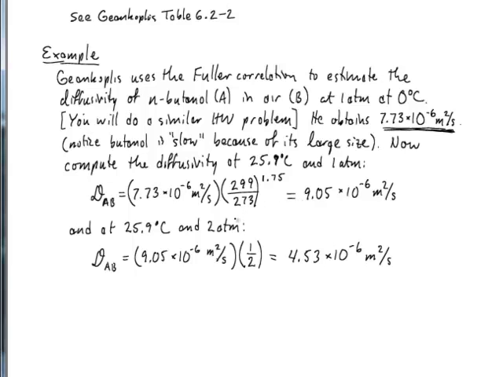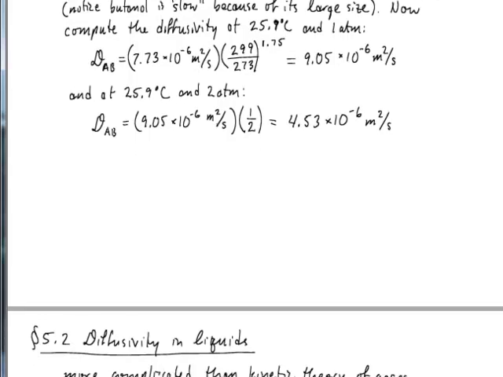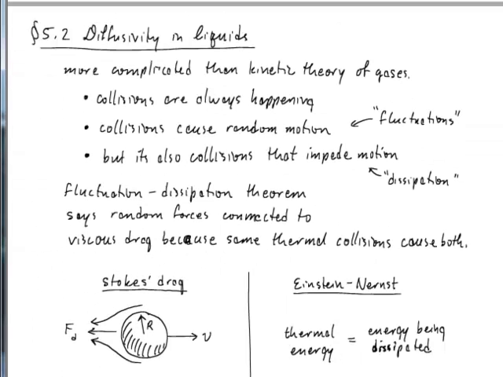And if you were to want to double the pressure, say, and ask what will that do to the diffusivity, well, it will cut it in half, right? You get that by looking at the dependence of the diffusivity on the pressure, and that just cuts the diffusivity in half from this previous result that we computed. So these scaling rules are quite useful, and these correlations are quite powerful. I encourage you to learn how to use them for the exam.